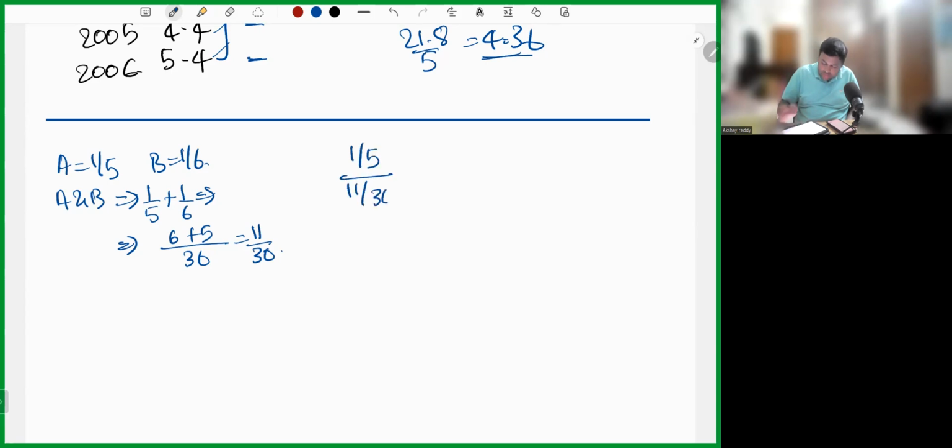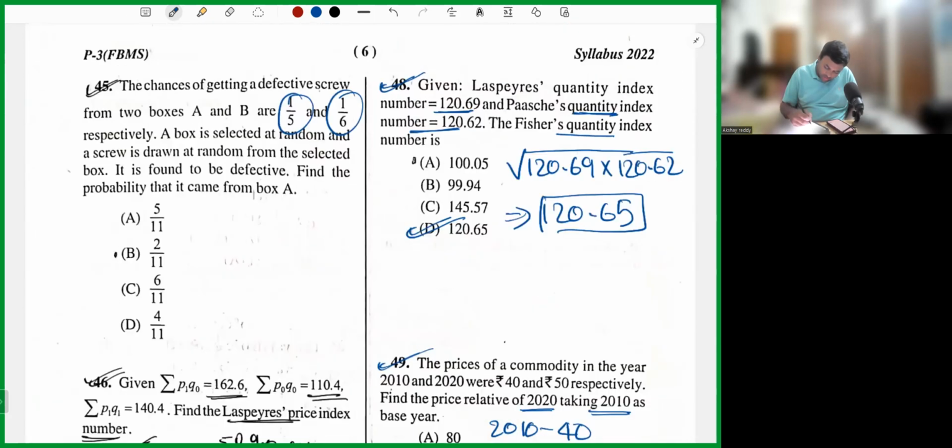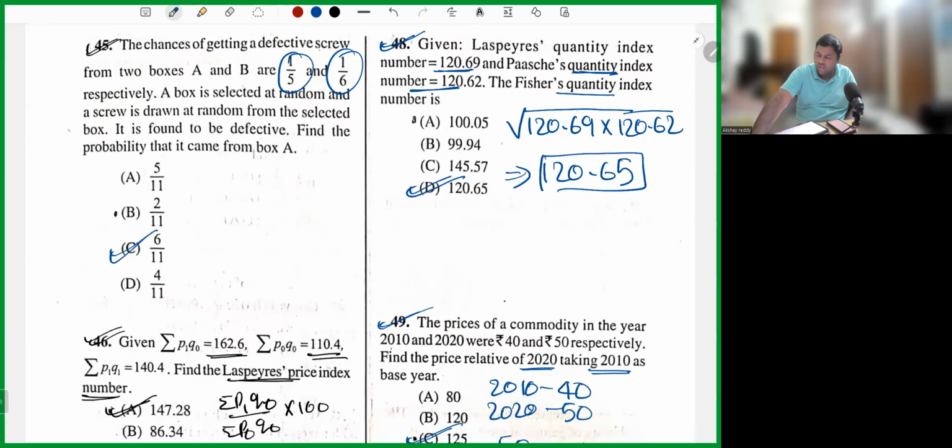A or B probability is 11 by 30, not A and B, A or B. Favorable cases by total cases. This is a shortcut I use instead of using that lengthy Bayes theorem. 1 by 5 divided by 11 by 30 is simply equal to 6 by 11. No need to use the whole Bayes theorem, sir. Simple shortcut we can apply. So the answer is simply 6 by 11.